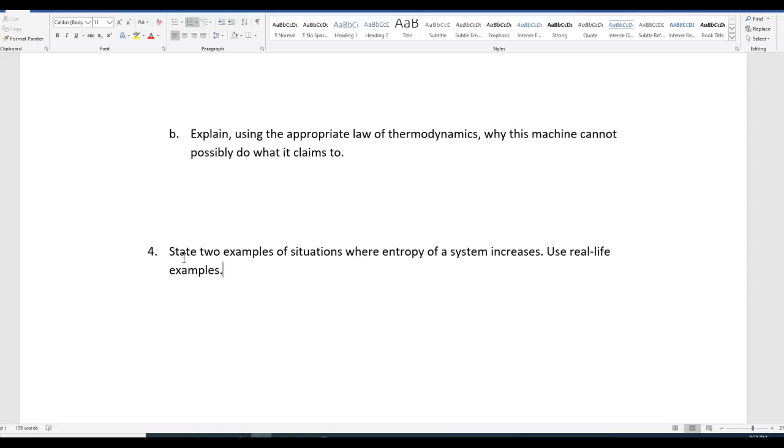Okay, the pressure is going to increase. And the system is going to become less ordered because now those atoms are moving faster and everything is just kind of more chaotic inside the balloon. Okay, so those are 2 examples of increasing entropy. I gave lots of examples in the notes and in the videos. Okay, so hopefully you came up with 2 good examples of your own.